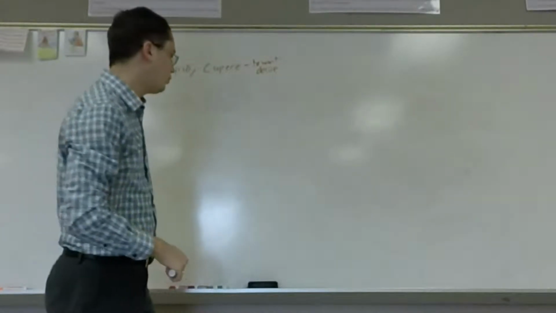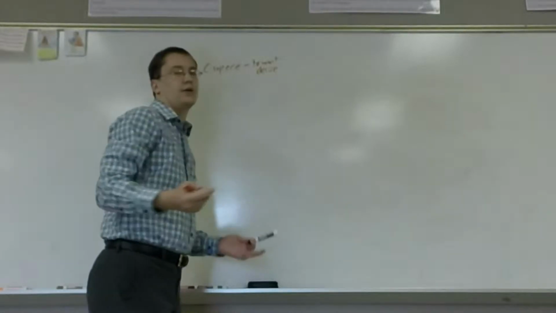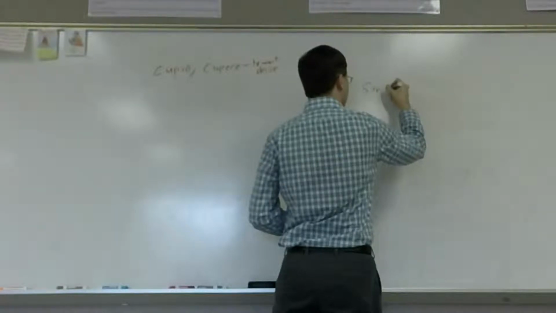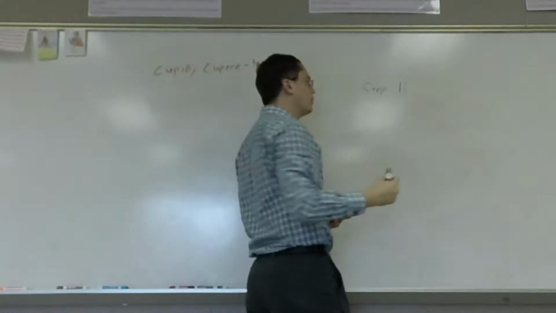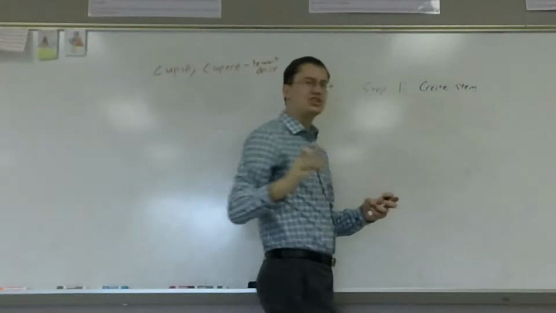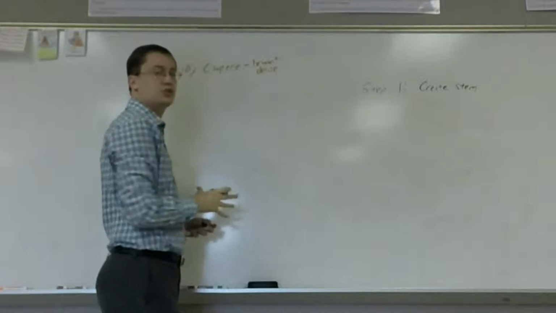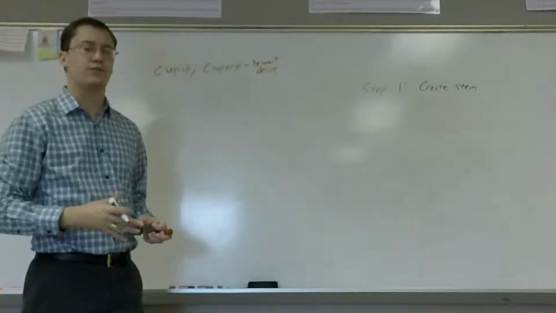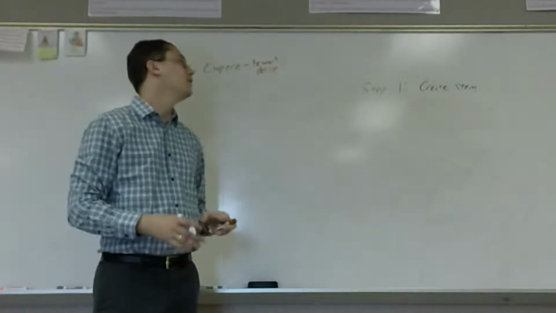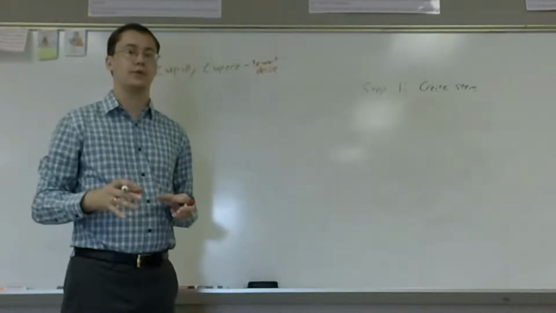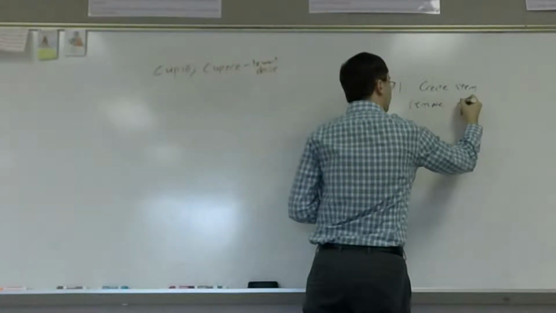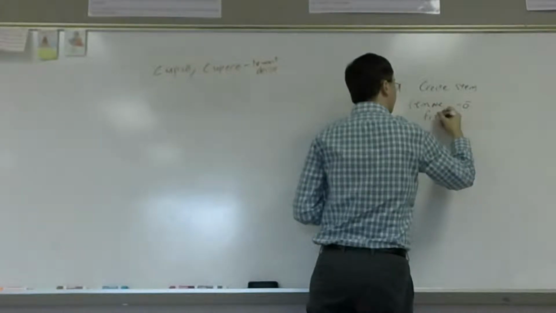There's a couple steps that we're going to want to follow when we're working with creating the future tense. Our first step is going to be a step that we normally start out with when we're working with verbs, and that's going to be to create the stem. Now, what's going to change here is that when we're dealing with the future tense, third and fourth conjugation verbs, whether they're a regular third conjugation or it's an IO verb, like cupio here, when we create this stem for the future tense, we're going to do this by removing the long O from the first principal part.